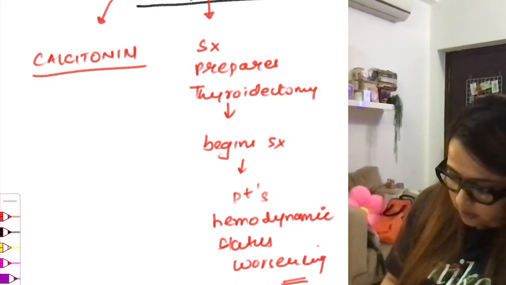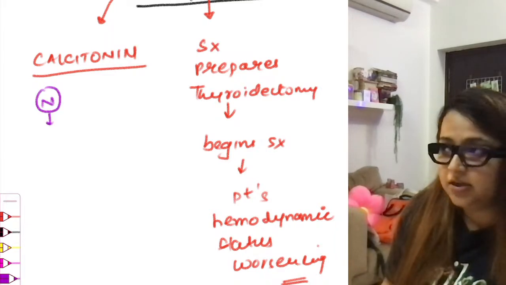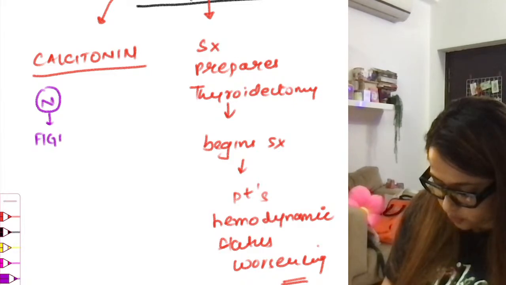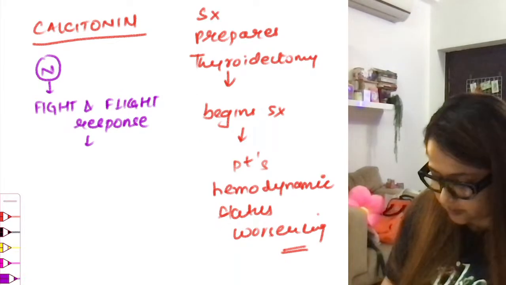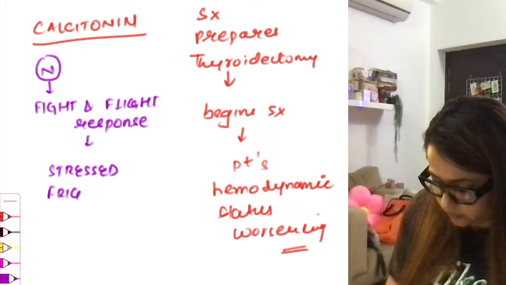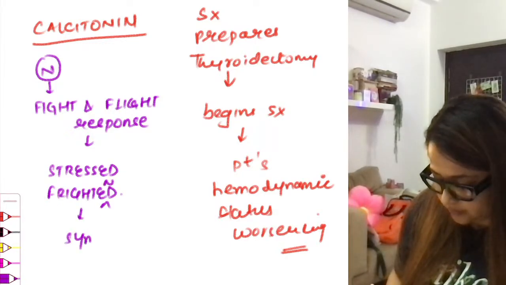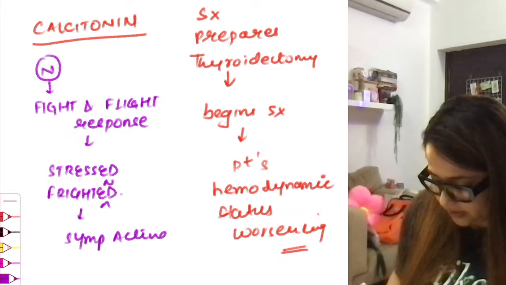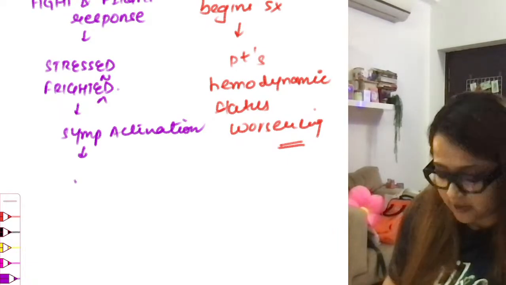So what happens normally, whenever the body is under any kind of stress, is the fight and flight response. There is sympathetic activation, that means if the patient is stressed out, frightened, etc. Now, what is being released as a result?